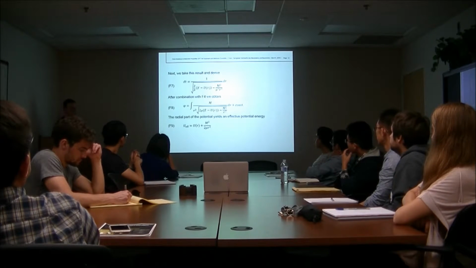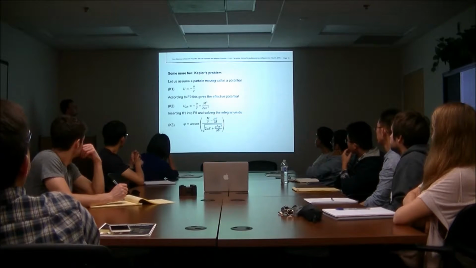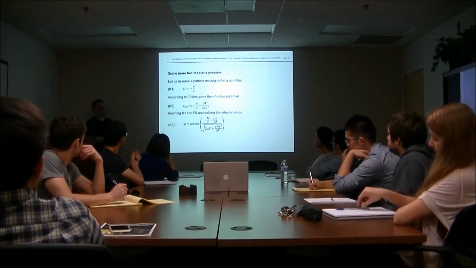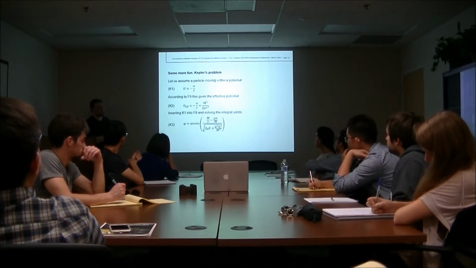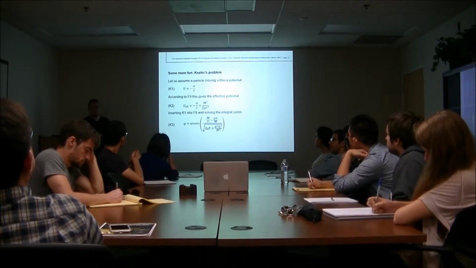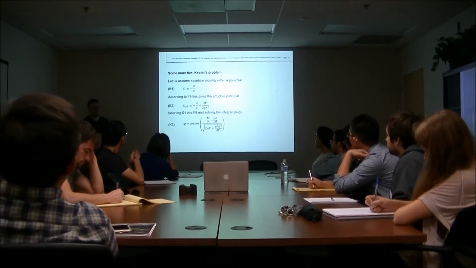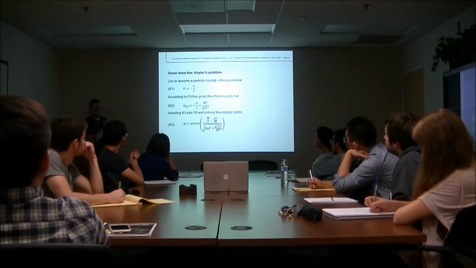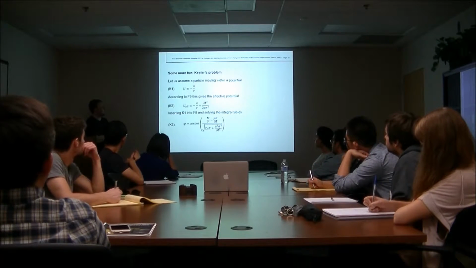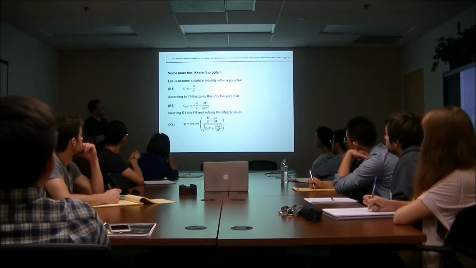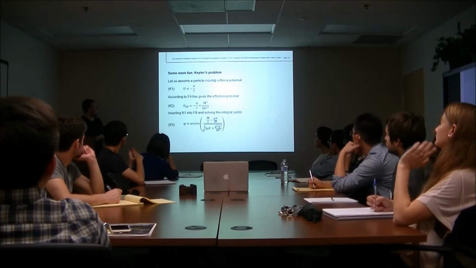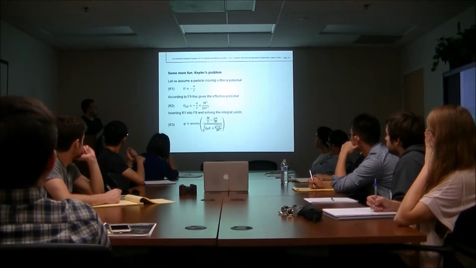Okay, this is not really practical, but there is one very nice practical problem, Kepler's problem. You have a planet and a star. The star is a massive object, the planet is smaller, and so we can sum the gravitational energy just like this.